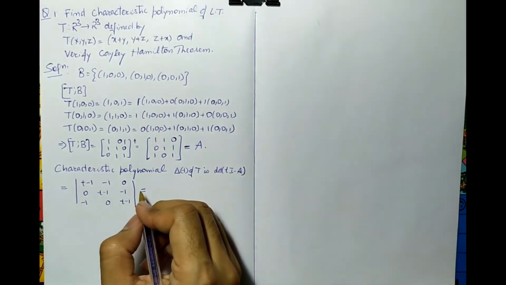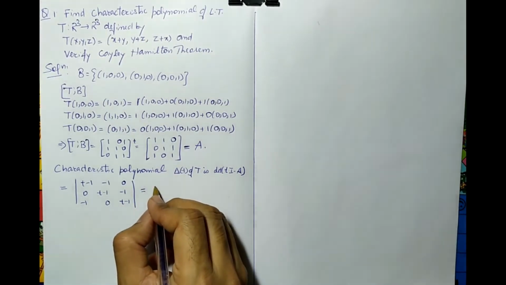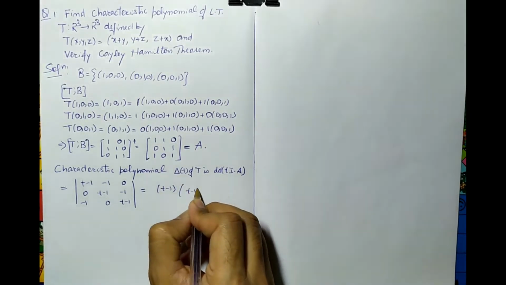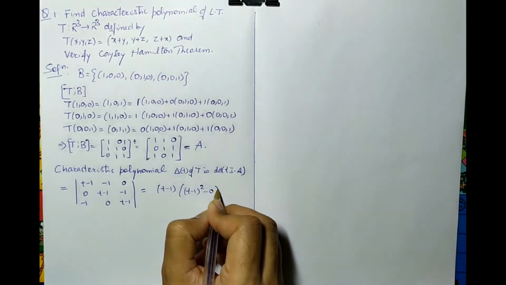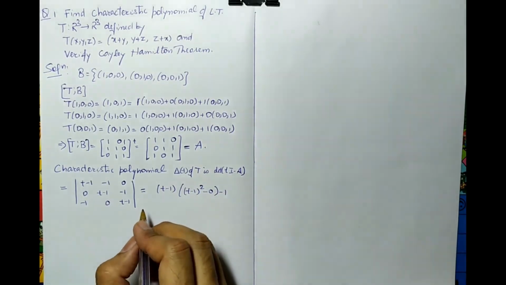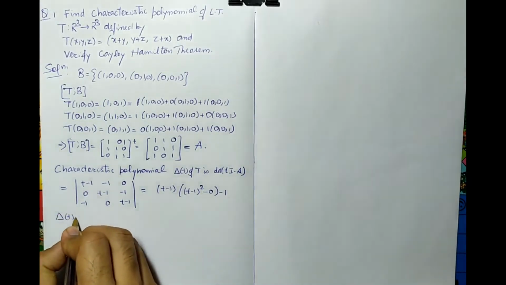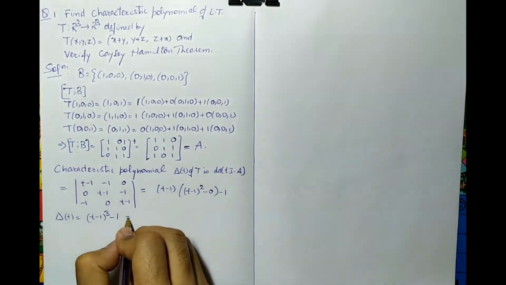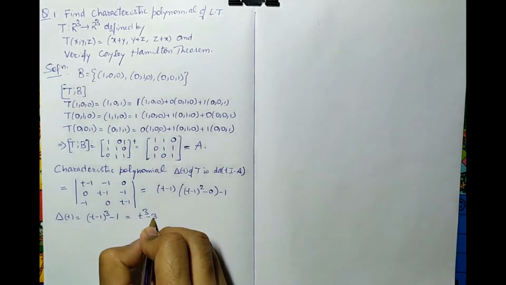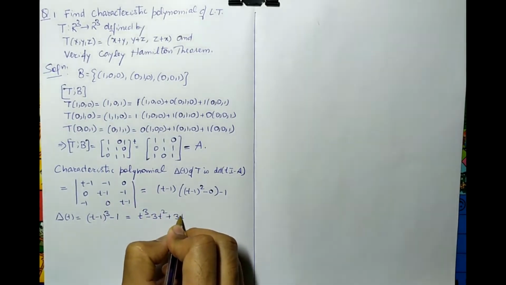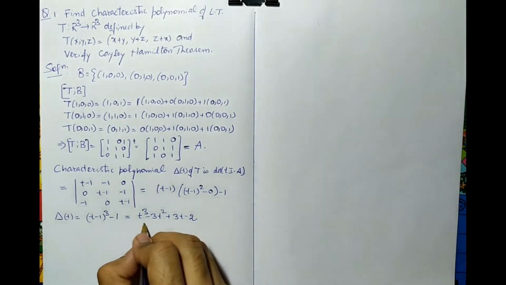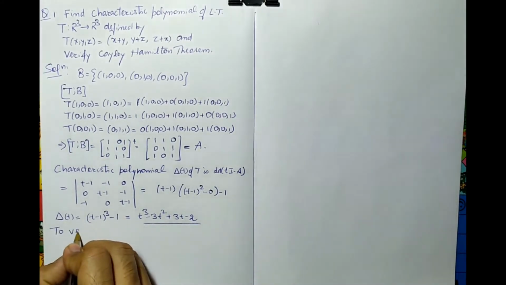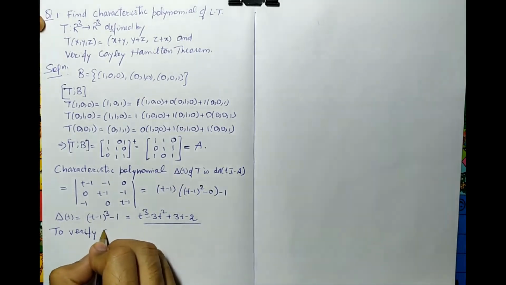So expanding the determinant, we are left with (t minus 1) square minus 0 minus of 1, which further implies delta T is (t minus 1) cube minus 1. So opening this cube, t cube minus 3t square plus 3t minus 2, which is the required characteristic polynomial, to verify the Cayley Hamilton theorem.